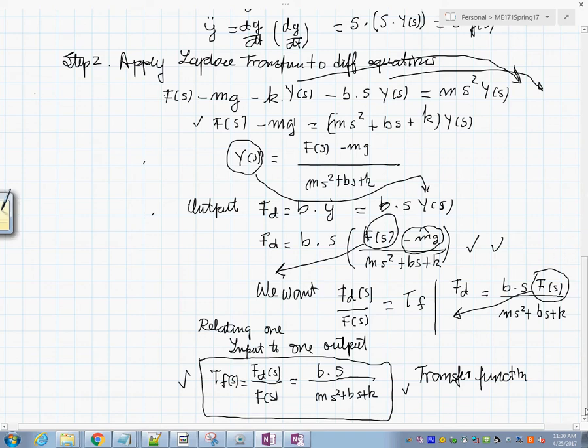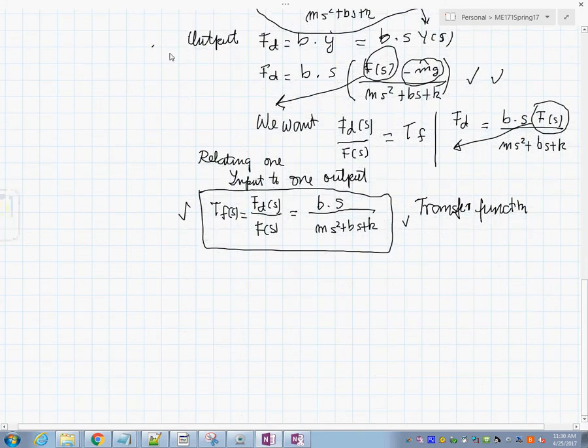So let's put some numbers in here and see how we enter this transfer function into MATLAB. I am going to say, for example, that b is equal to 2, that m is equal to 3, and that k is equal to 5.